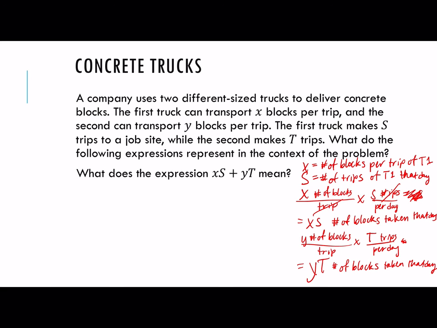Okay, so the total is x times s plus y times t. So I have the number of blocks taken by truck 1 that day, added together to the number of blocks taken by truck 2 that day.